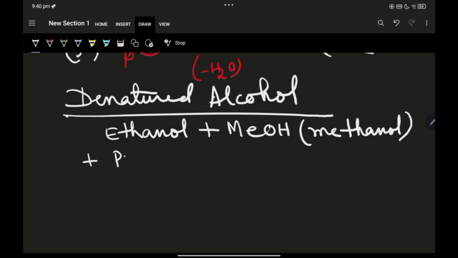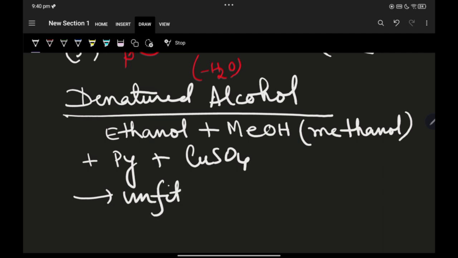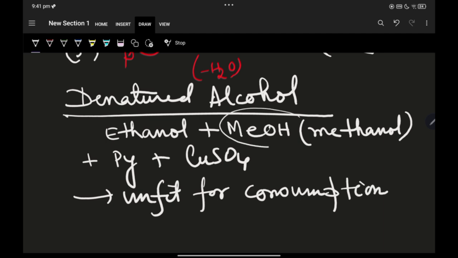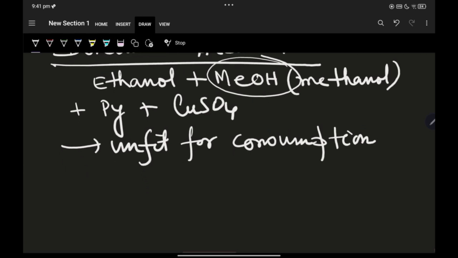At times, pyridine and copper sulfate is also added to it to make it unfit for consumption, so that it does not get consumed, because methanol may get oxidized if you drink it by mistake or maybe intentionally, whatever it is.